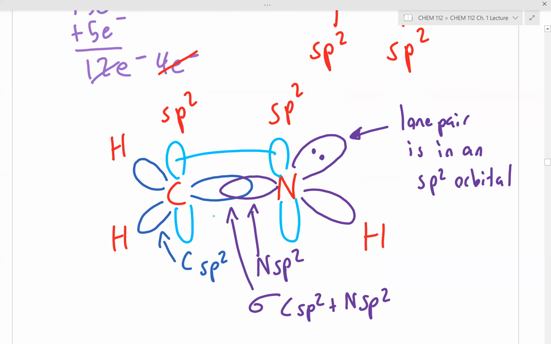And I'm going to draw my pi bond as a set of lines between our p orbitals. Let me phase them to be 100% correct here. There we go. So this overlap between our p orbitals results in our pi bond, which is between our carbon 2p and our nitrogen 2p orbitals.